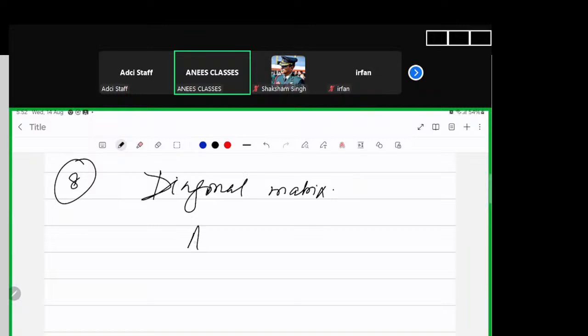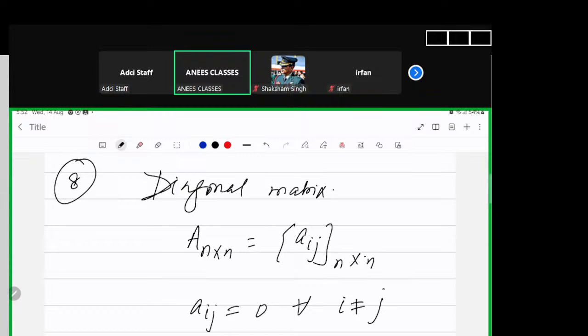Diagonal matrix: suppose that n cross n, Aij, n cross n, I have Aij equal to 0 for all i not equal to j.